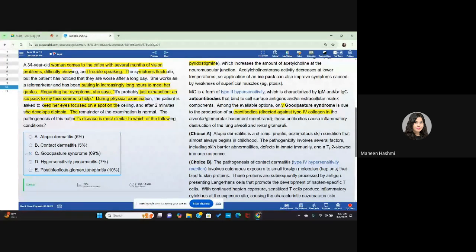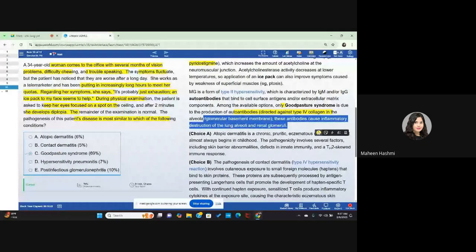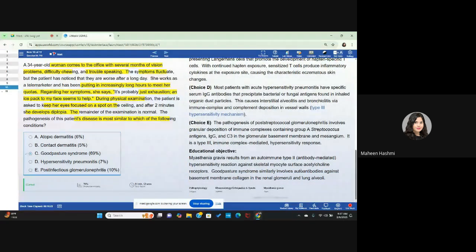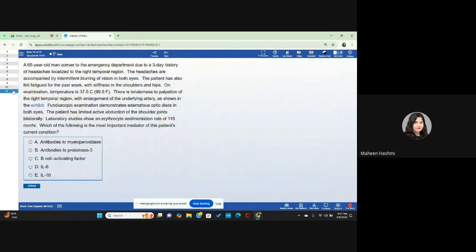That's how I remember 214, if you want to remember it. And these antibodies cause inflammatory destruction of the lung alveoli and the renal glomeruli. That is why we have rapidly progressive glomerulonephritis, where we see the crescent shape, and we have hemoptysis occurring. All right. Okay, so we talked about that, and let's come to the last question.